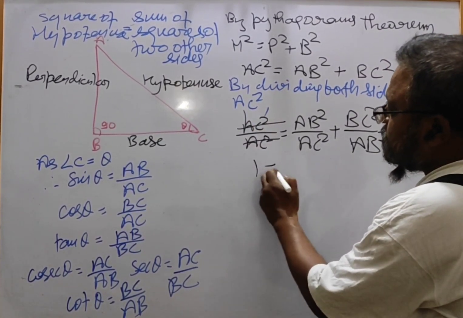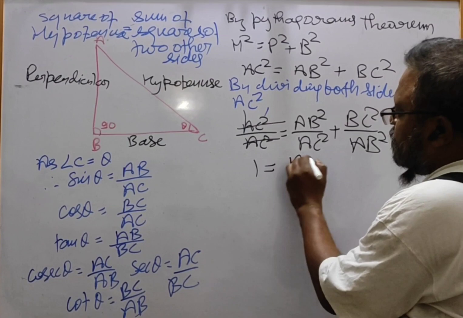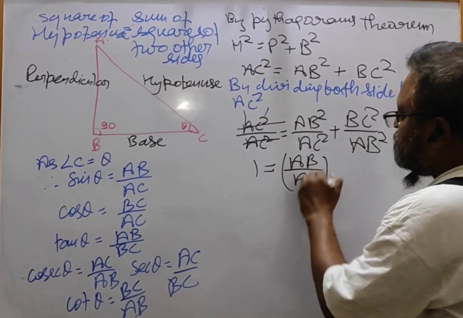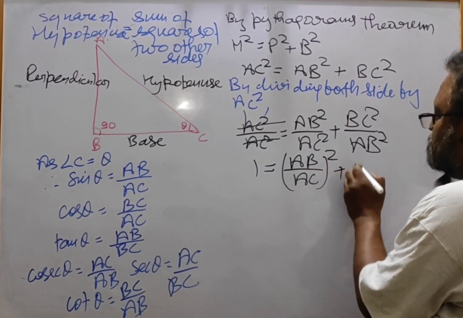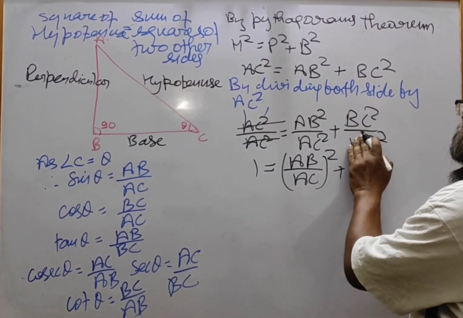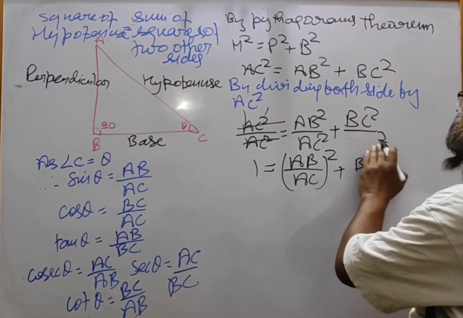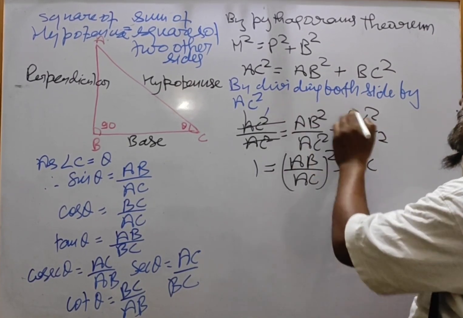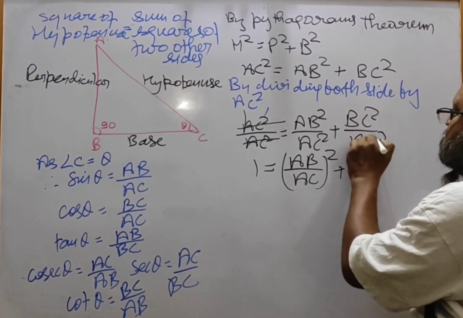So 1 is equal to AB upon AC whole square plus BC, and we have to divide by AC square.